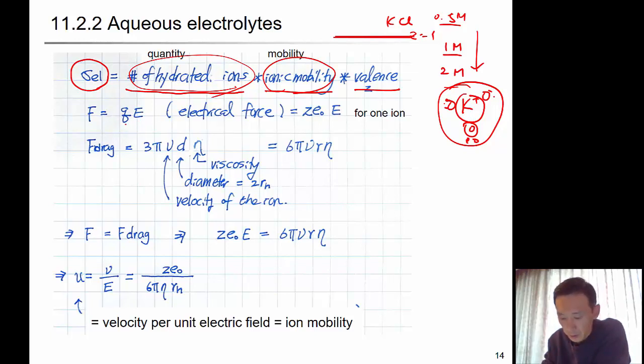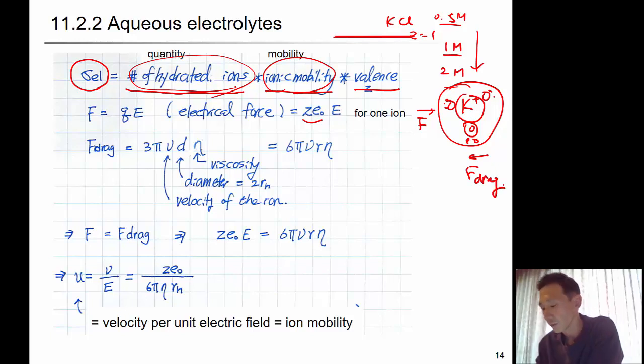And here the Q is the electron charge times the valence. So this is the force that's moving the ions, and there will be some drag force if it's moving inside the water. The drag force can be calculated using Stokes' law: 3 pi times the velocity of the ion times d, the diameter, and the viscosity of the fluid.